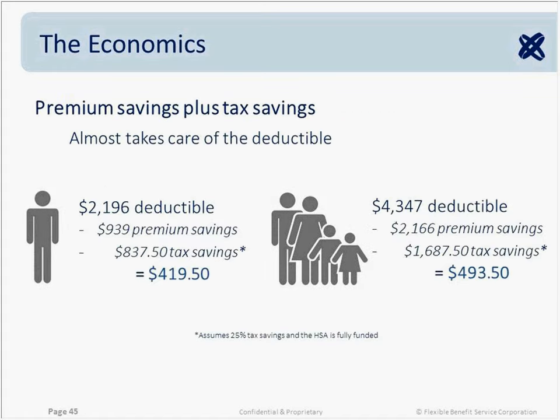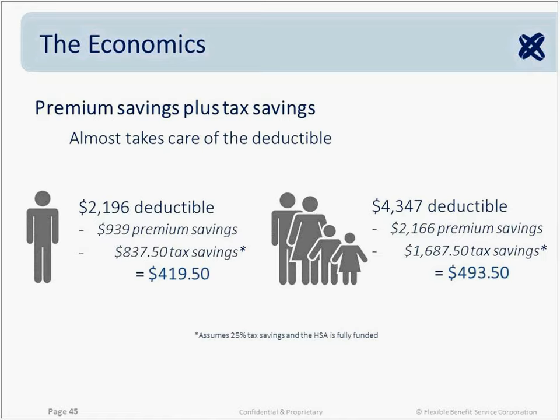And I want to show you some math here and how it makes sense, in that when we take a look at the premium savings and the tax savings through HSA contributions, the economics really starts to eliminate a significant portion of that deductible, therefore eliminating that perception that the high deductible health plan is a low quality plan.